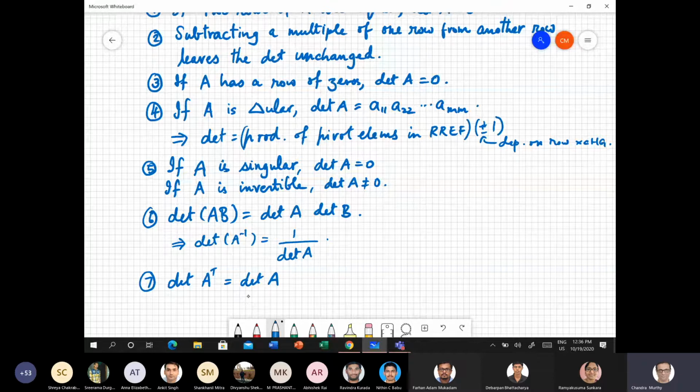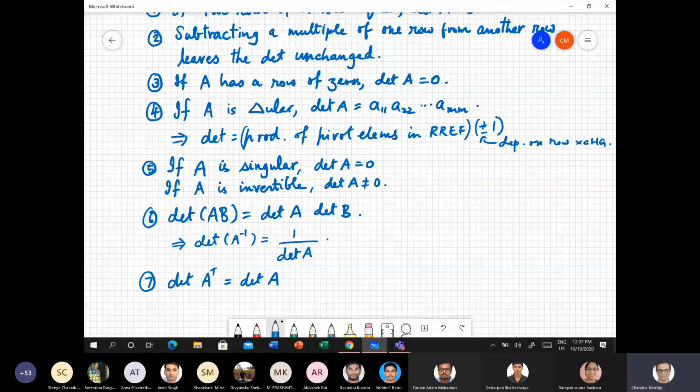Now, obviously, if A were a singular matrix, then it means that the rows of A are linearly dependent. So determinant of A is 0. And if the rows of A are linearly dependent, it's a square matrix, so the columns of A will also be linearly dependent. Or in other words, the rows of A transpose would also be linearly dependent. So determinant of A transpose would also be 0.